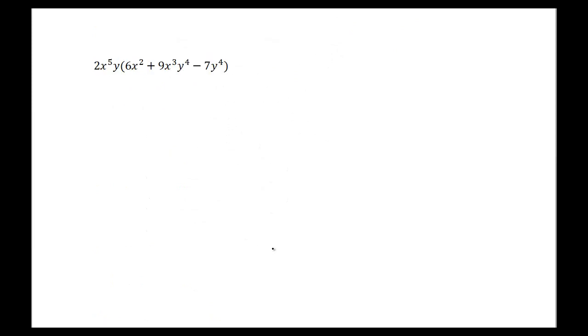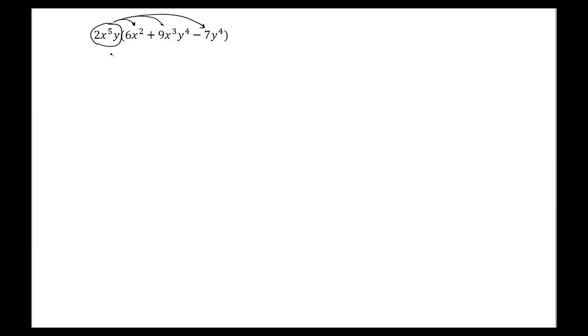Okay, let's try one more. Here I have 3 terms, and again I see this is my monomial on the outside, so that's going to go to each term on the inside. So let's write it out.